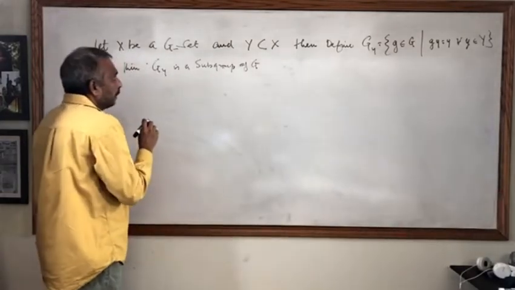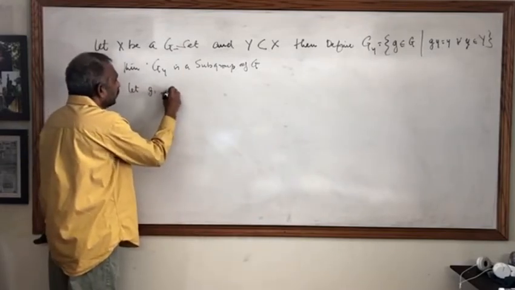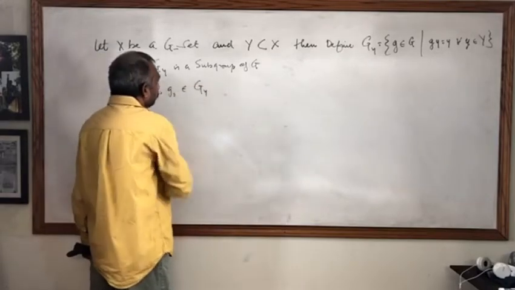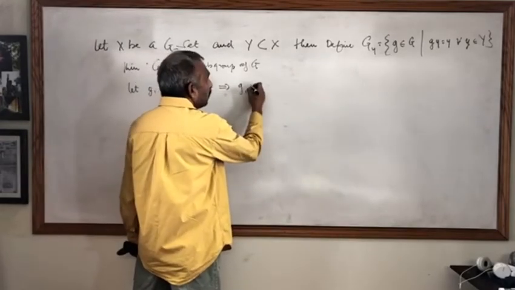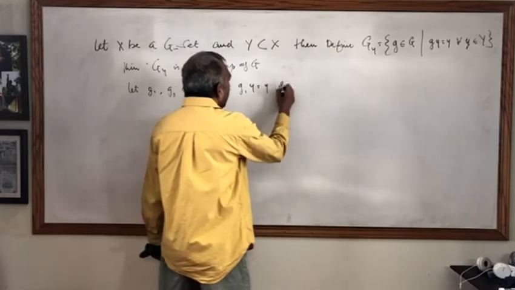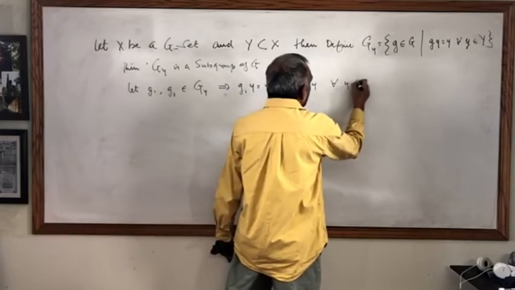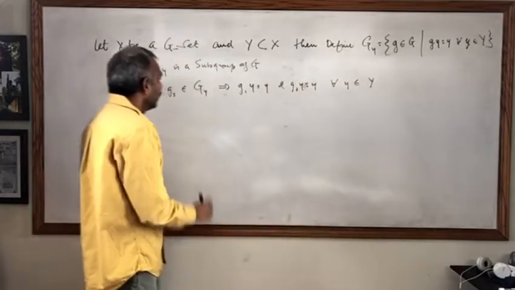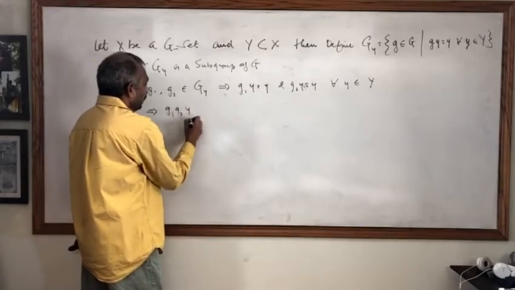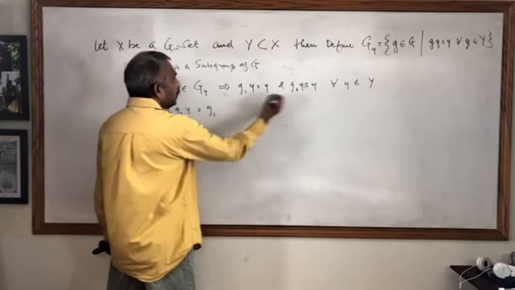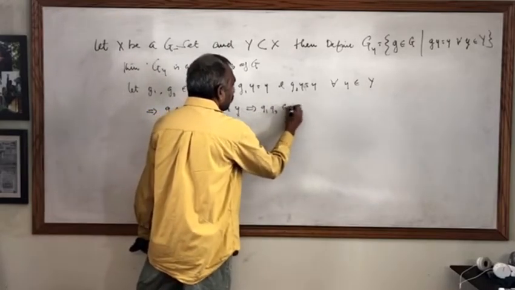So let us take two elements from here. Let g1, g2 belong to Gy, and that implies g1 y is equal to y and g2 y is equal to y for all y in Y. And that means g1 g2 y is equal to g1 (g2 y) is g1 y, and that is equal to y. And that implies g1 g2 belongs to Gy.